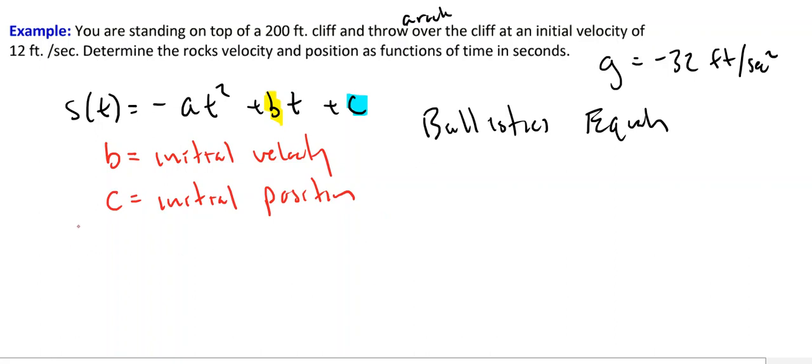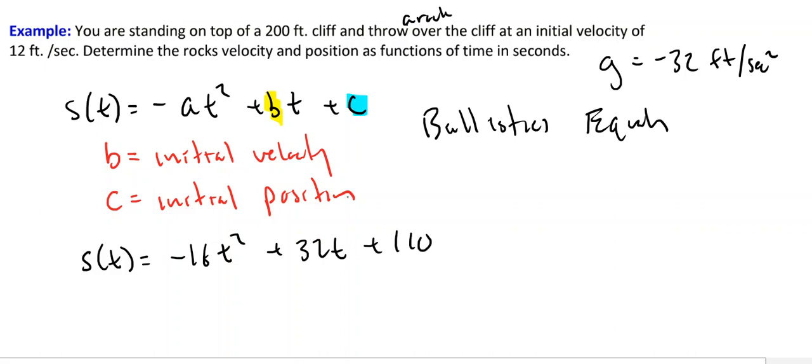So if we had an equation that looked like s of t is equal to negative 16t squared plus 32t plus 110, what this is telling me is that the initial position of this object is 110.